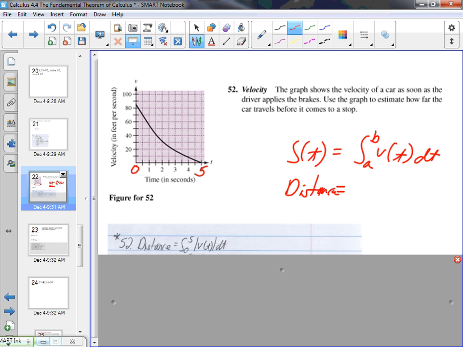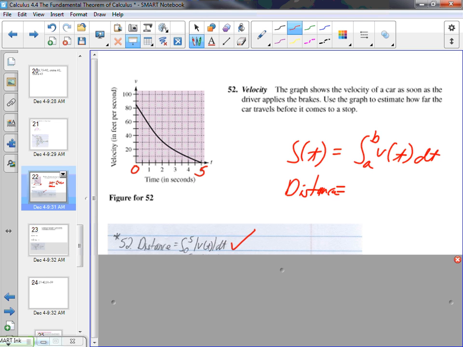Now, if we're driving a car, we should be going forward and then slowing down and stopping, and we never went backwards in any of that, right? But technically, it's the absolute value of velocity to get the distance. So that's how I figured out the way to approach this problem. Does that make sense to you?